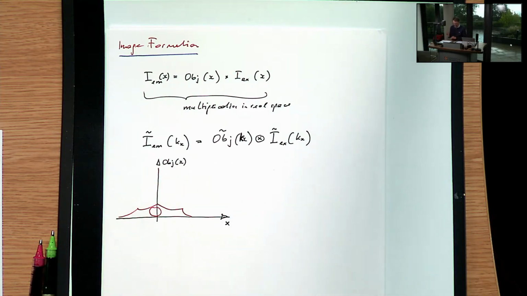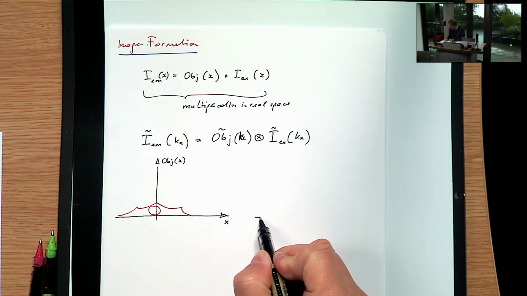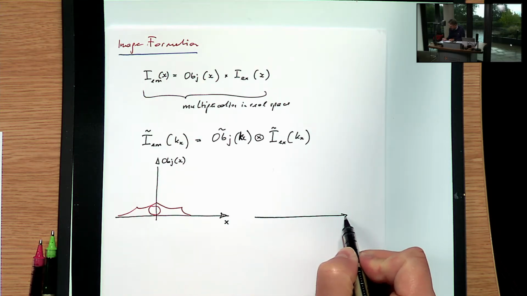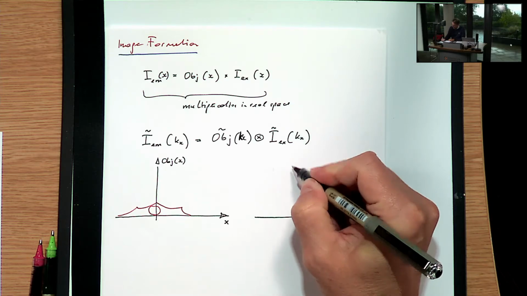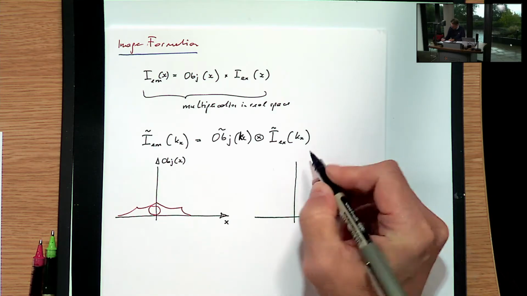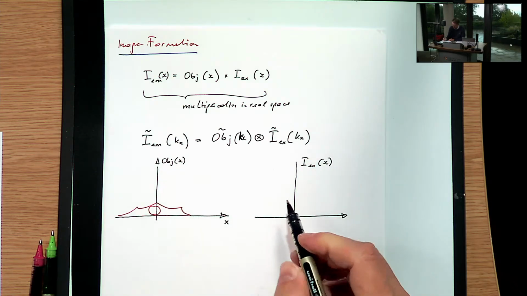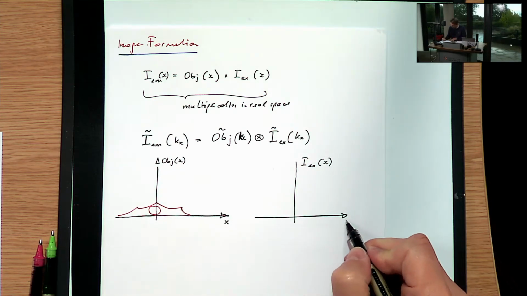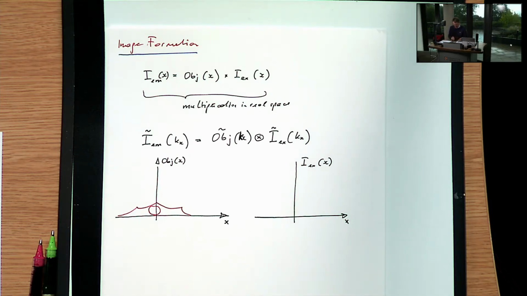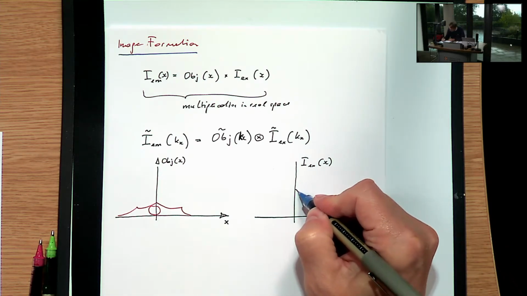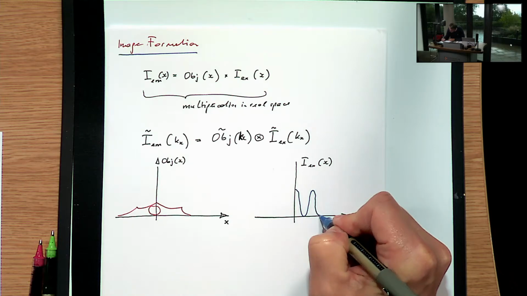And now let's illuminate this with a sinusoidal excitation pattern. So this would be I_ex(x), again in real space. The illumination pattern may be a cosine like so.